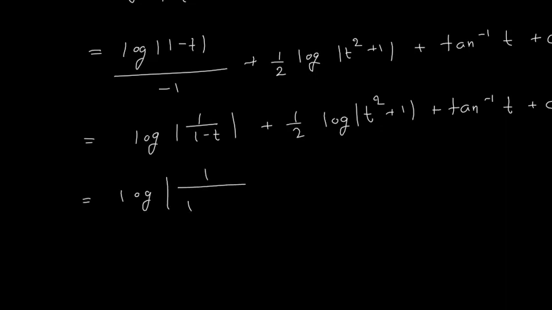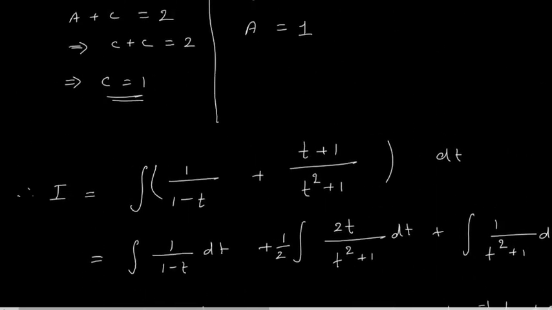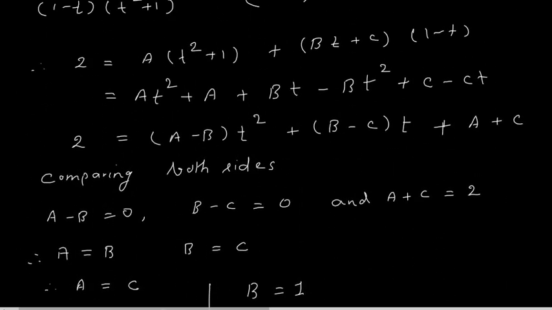So it is 1 upon 1 minus sin x, plus 1 upon 2 log of sin square x plus 1, and plus tan inverse sin x, plus c is my final answer. Okay, simple question, right? Let us move to the next question.